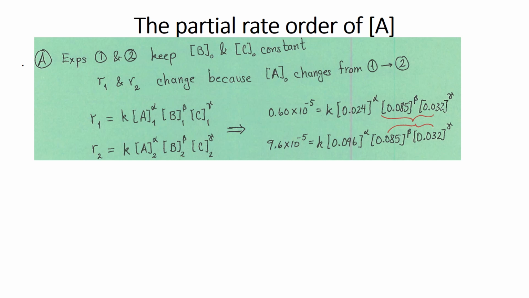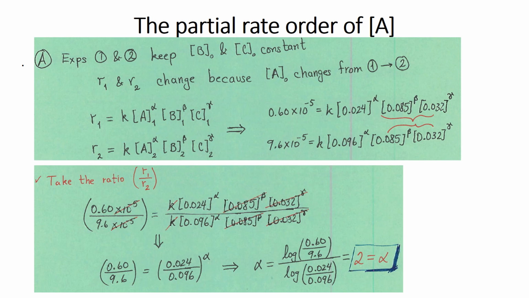So the next step is we just take the values from the table and plug them into this equation. What you're going to find is that the factors for B and C, with exponents beta and gamma, are the same in both experiments. So if we take the ratio, these 2 on my right are going to cancel.